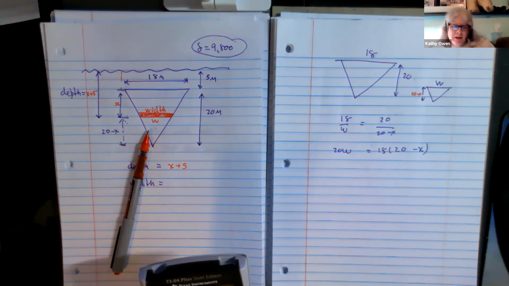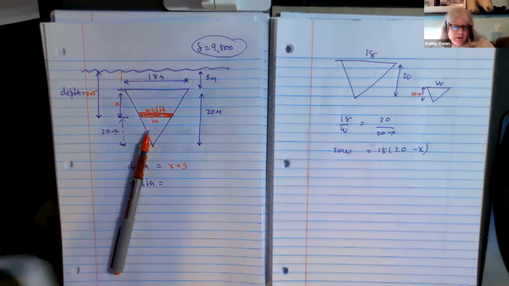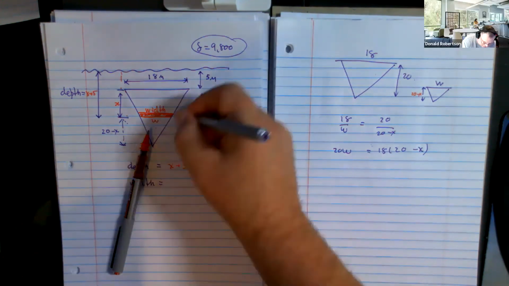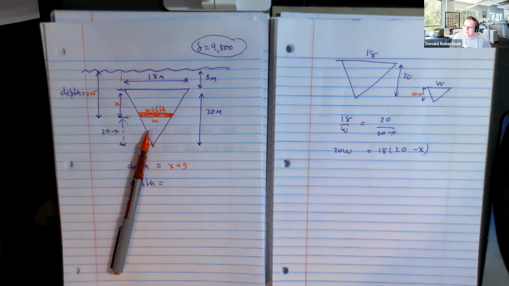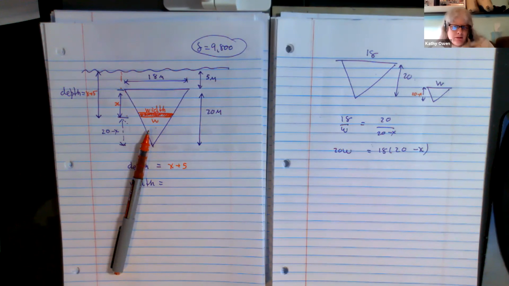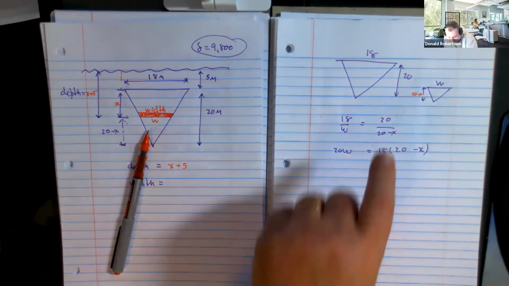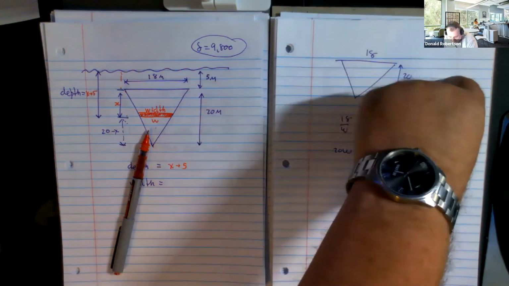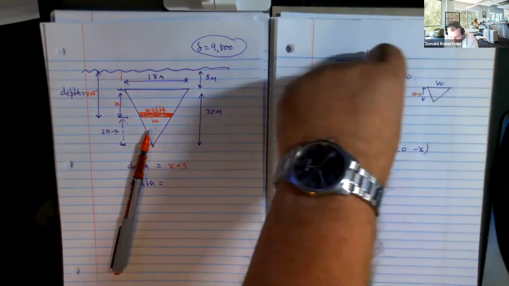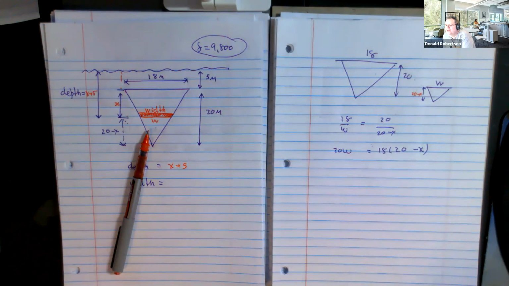But we're not using the actual side measurement. What, the sloping side? Yes. Correct. Oh, I should have explained this. Not only are equal sides in corresponding ratio, but equal heights are also in corresponding ratio. So we can get away with it because of that.